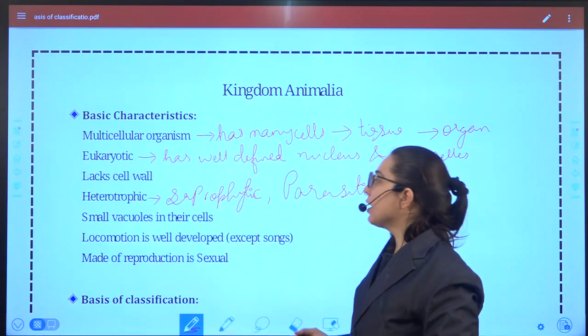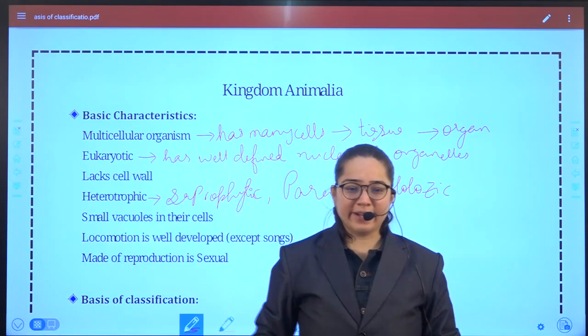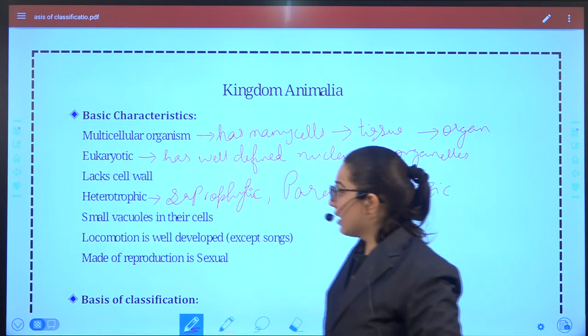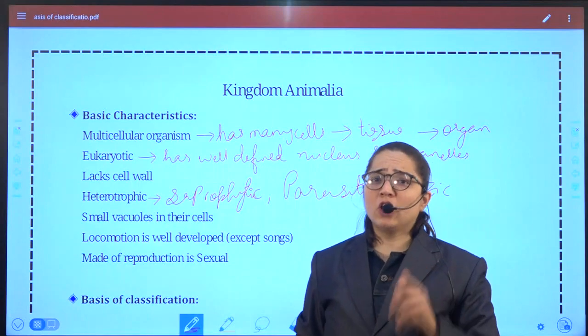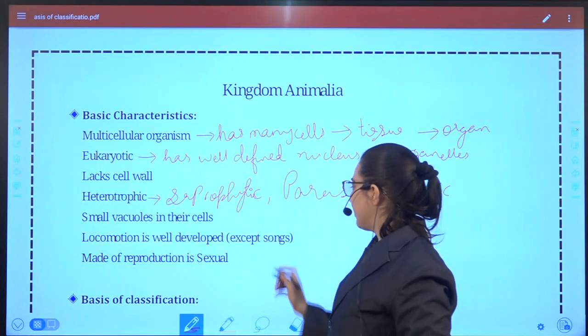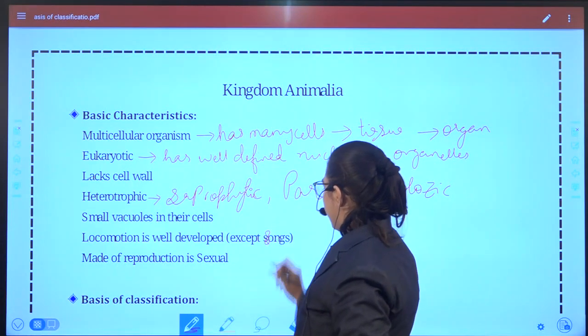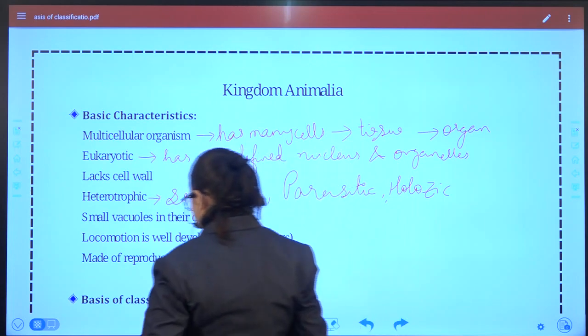Okay, coming to the next characteristics, they have small vacuoles in their cells. The locomotion is very well developed except in sponges.